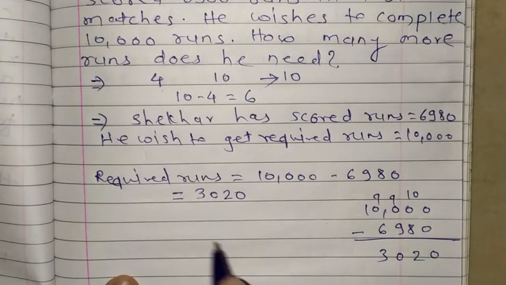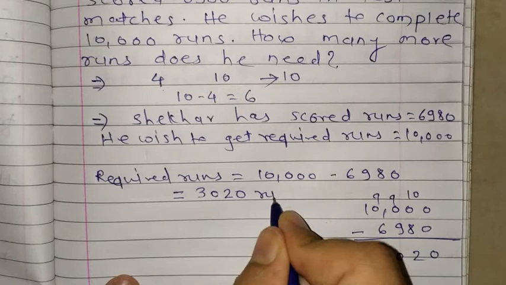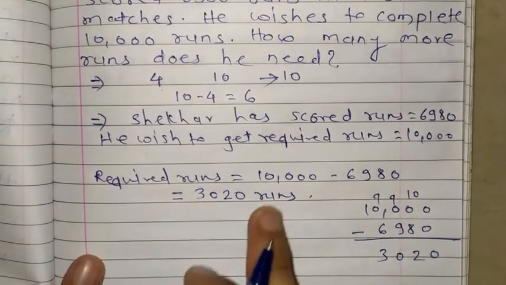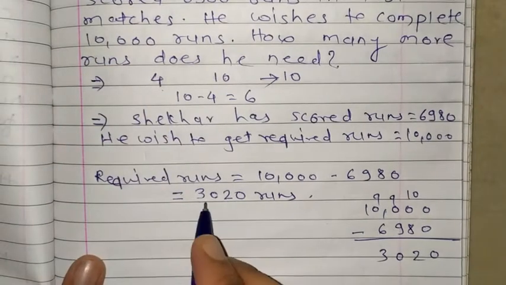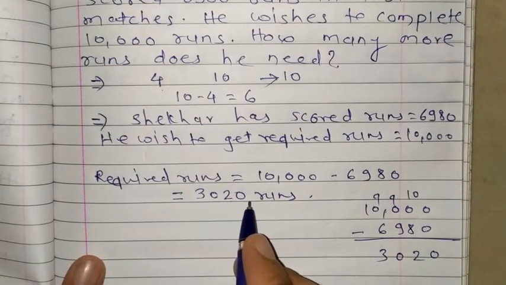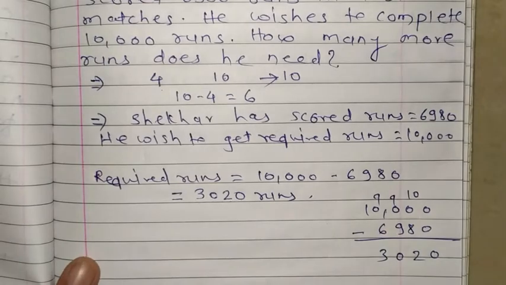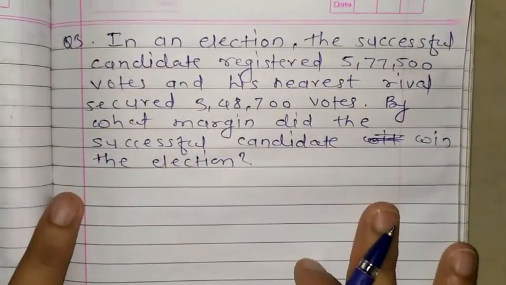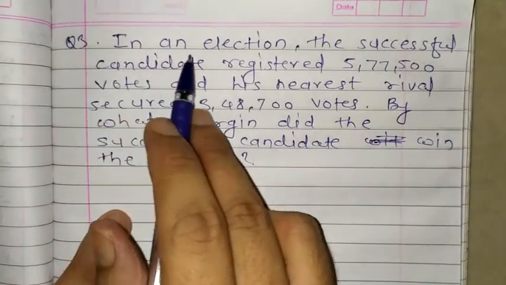So 3020 runs that Shekhar needs to achieve the 10,000 runs. So here you can directly write 3020 more runs. Then after that we go to the next question, question number 3.